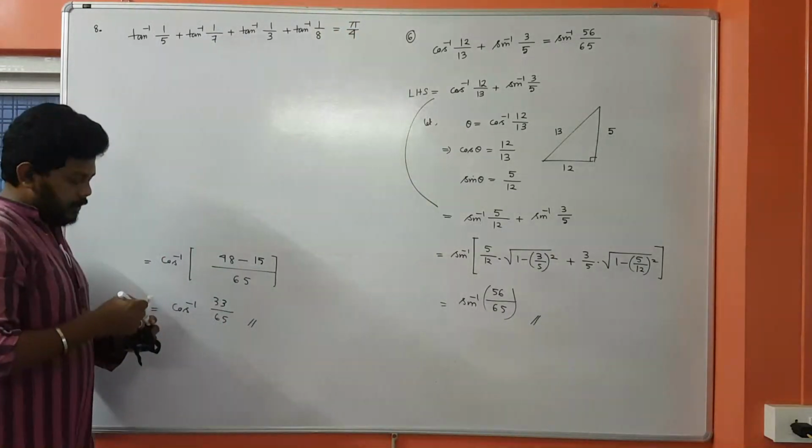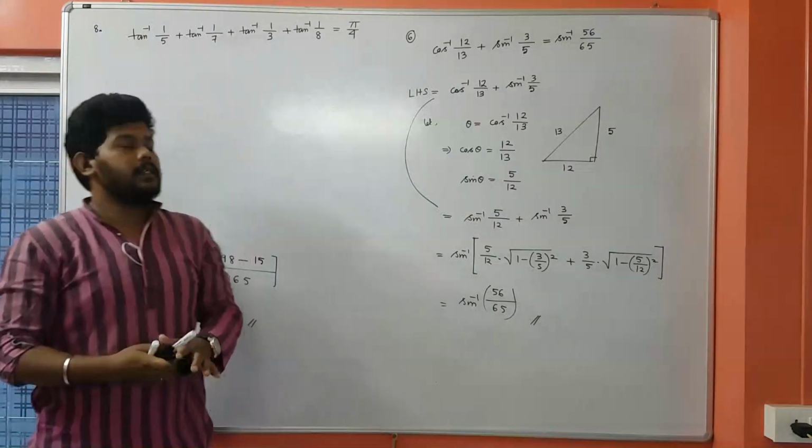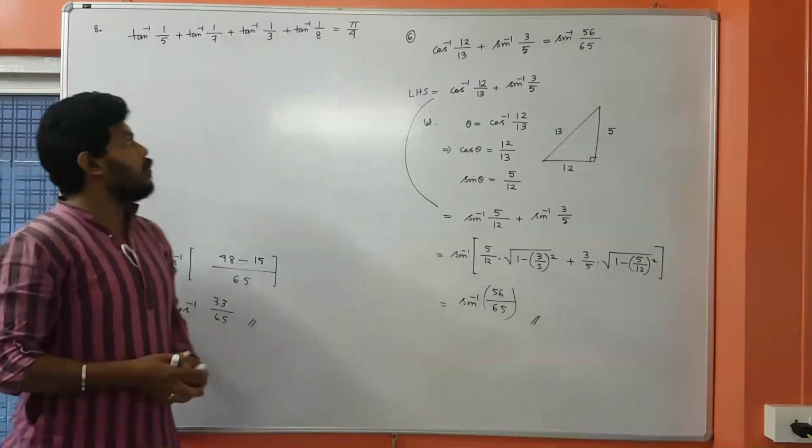Sum of 4 acute angles is equal to another acute angle pi by 4. Now calculate this.